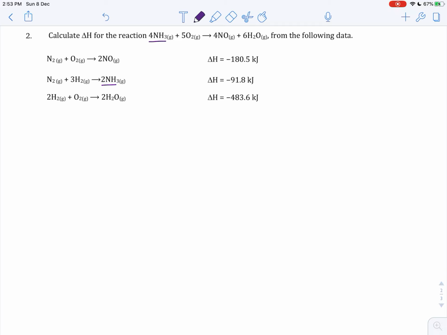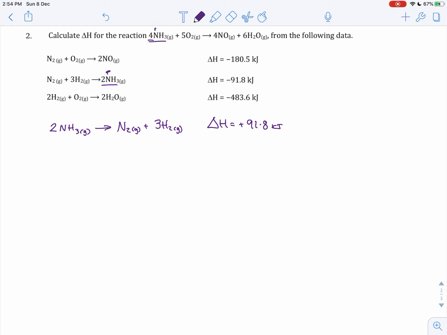The only place we have NH3 is in equation 2. And in this, instead of being a reactant, we've got it as a product. So we're going to have to flip the equation. So we're going to be writing 2NH3 gas yields N2 gas plus 3H2 gas. So delta H is now positive 91.8 kilojoules.